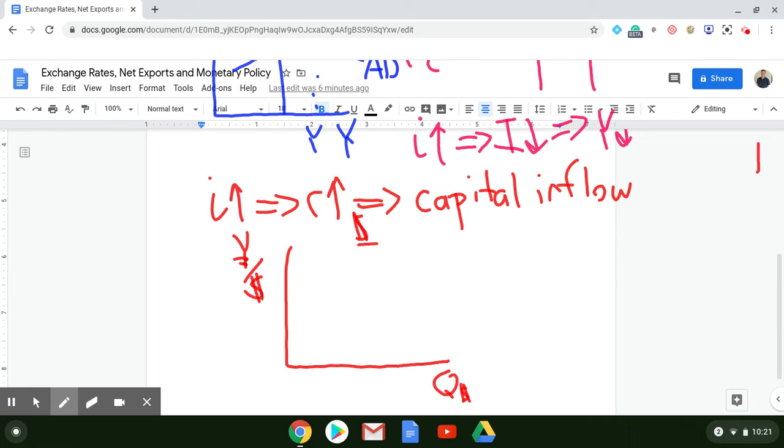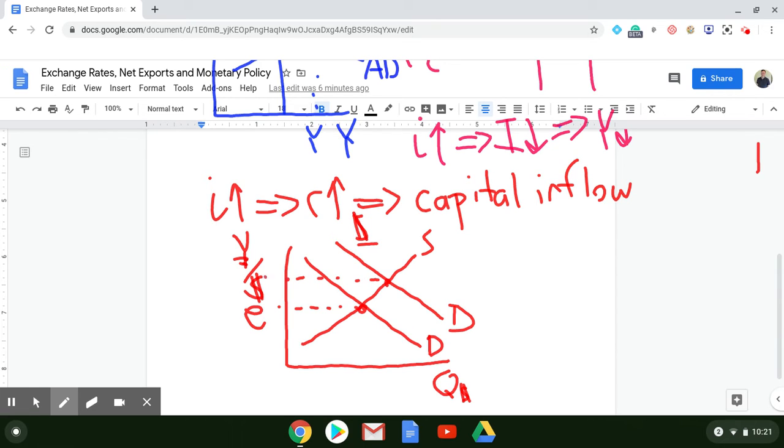We have some sort of starting exchange rate, and this will increase the demand for the dollar because people are wanting to go out and buy the dollar. And as they do that, the exchange rate goes up.